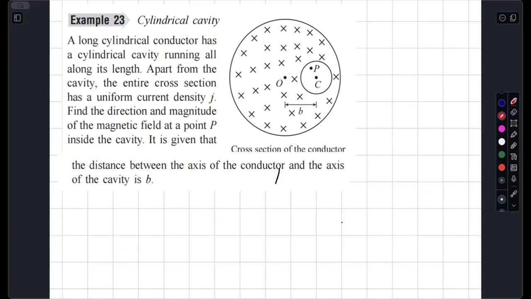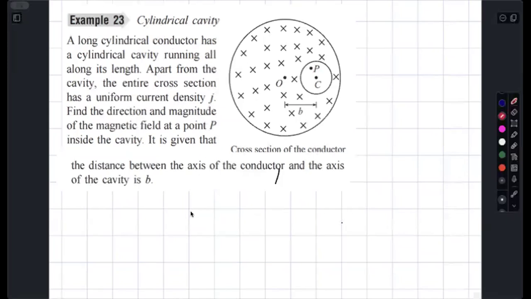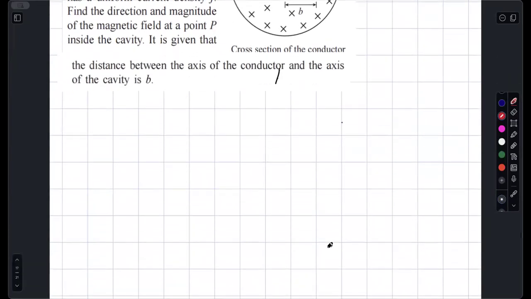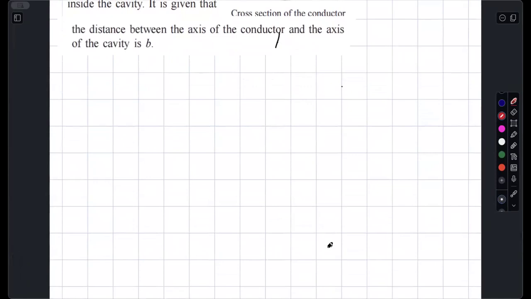No issues. The way we solved our cavity problems in gravitation, we will do the same.